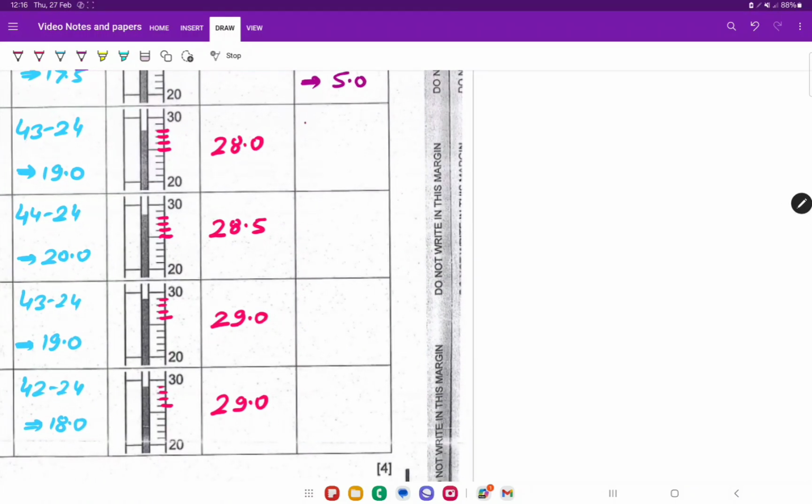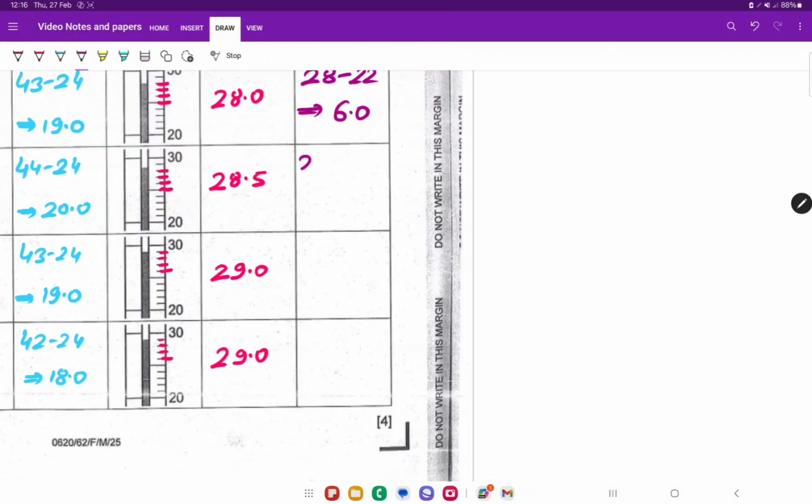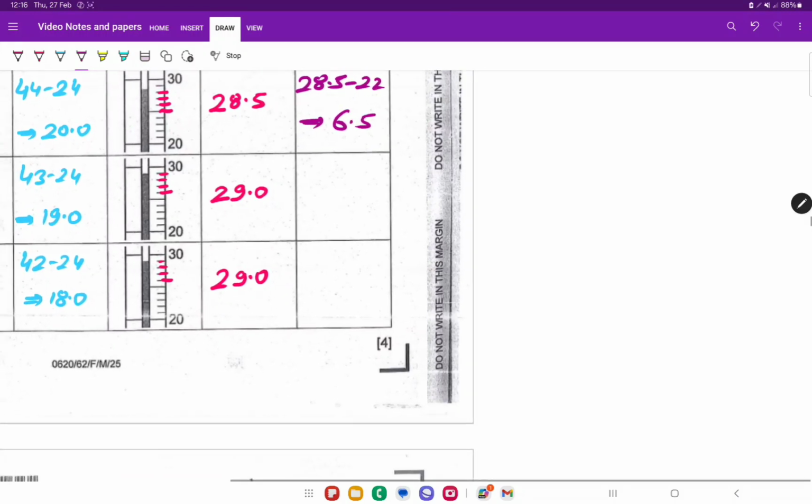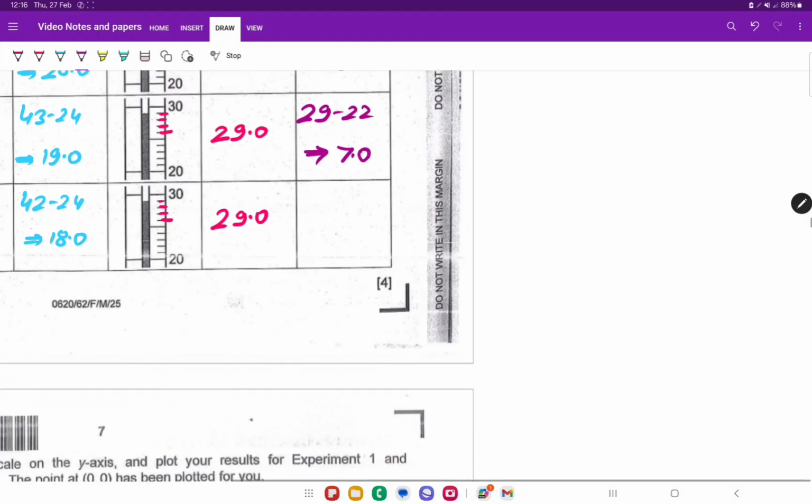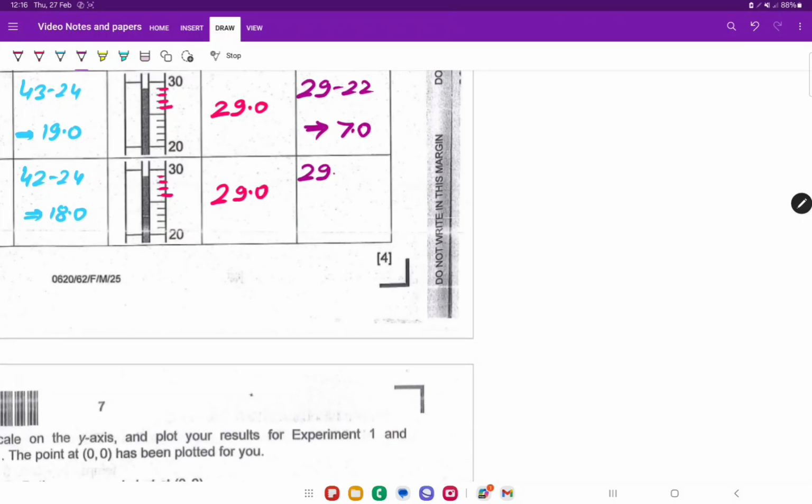Next, 28 minus 22 equals 6.0. Next, 28.5 minus 22 is 6.5. Next, 29 minus 22 equals 7.0. And the last is again 29 minus 22, which is 7.0.